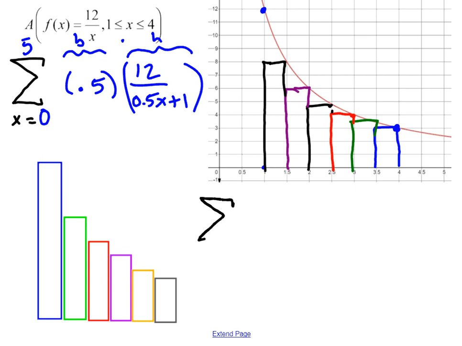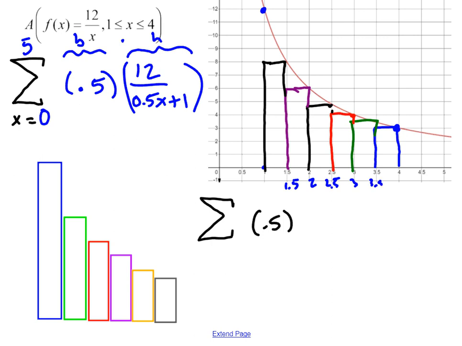Now, again, what really changed is the heights that I have. This is still 0.5. Now, a lot of these heights are still using the function 12 over x, but it's really what the input is that's telling me the height. For example, in the black rectangle here, the height is using an x value of 1.5 to start off with. And then I wanted to plug in 2 and then 3, or sorry, 2.5.